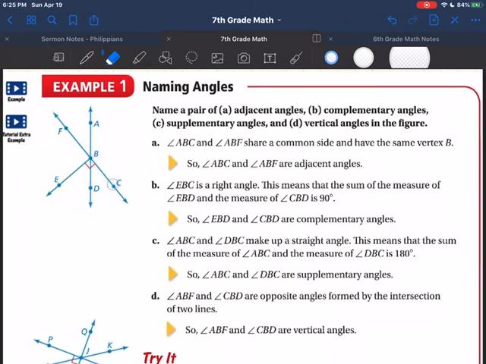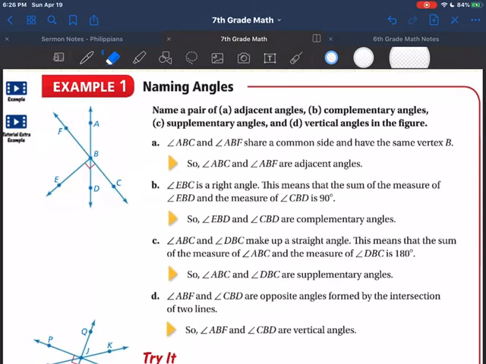ABC and DBC, so this is a straight line. That means that this angle and this angle put together are supplementary, right?